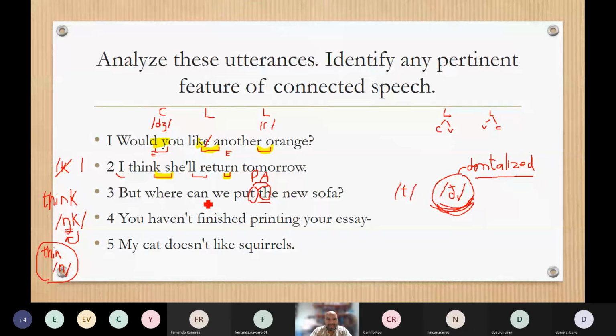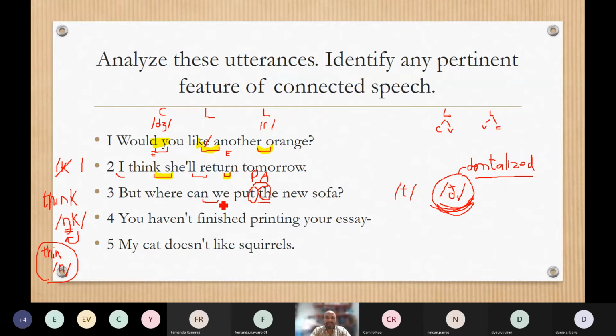We have can, an alveolar sound, a voiced alveolar nasal sound, right? And then we have we, which is a semi-vowel, right? And we shape the lips with them, rounded, right? Can we? So imagine you say just can. You focus on the final sound. Can.